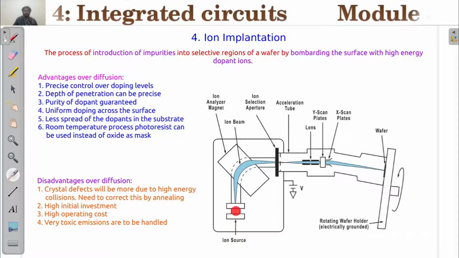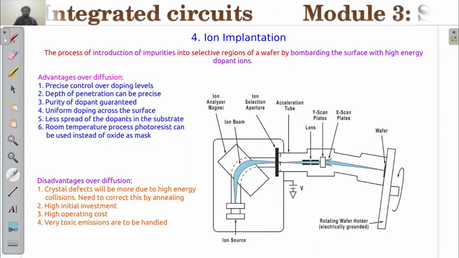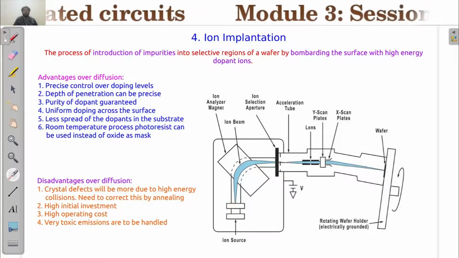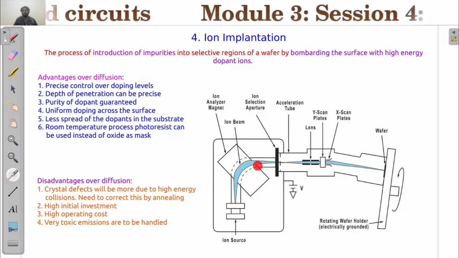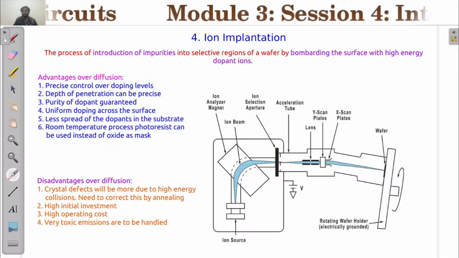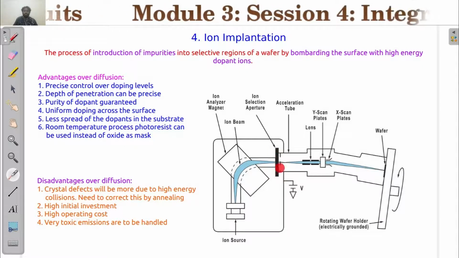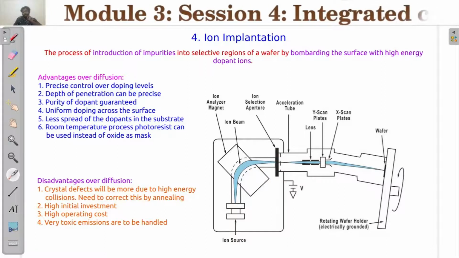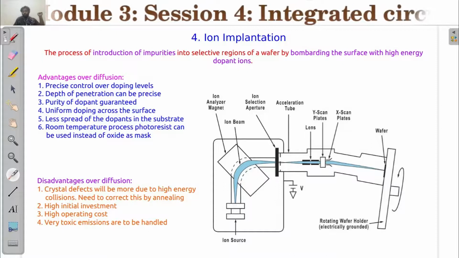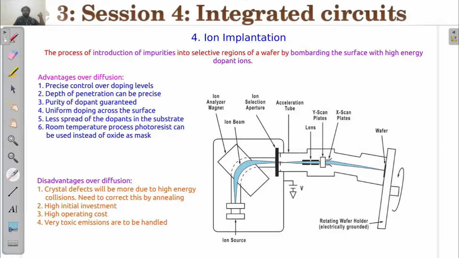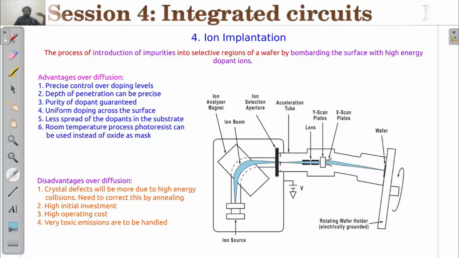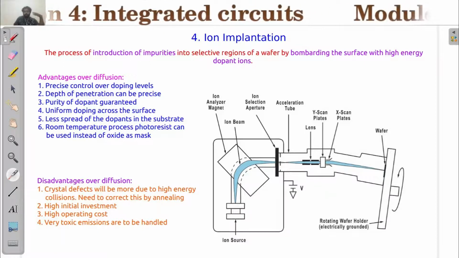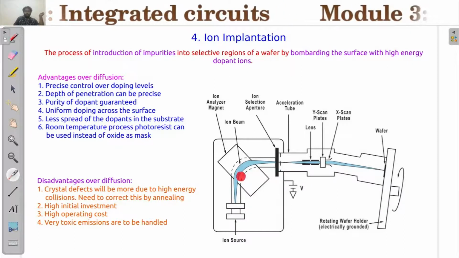This ion source will be whatever your impurity is, that will be made into ions, and those ions will be made to accelerate and get deflected by a magnet onto an ion selection aperture, and that is for selecting the ion and making sure that the ion that you are going to introduce onto the wafer is exactly what is required. So there can be other kinds of ions also. So we need to screen out these unwanted ions. That is why we are using a deflection setup.